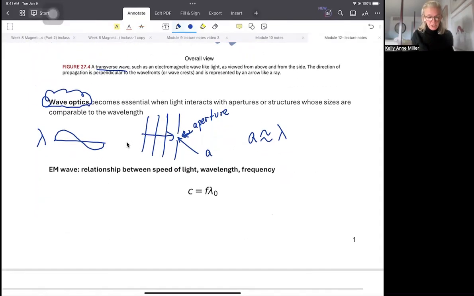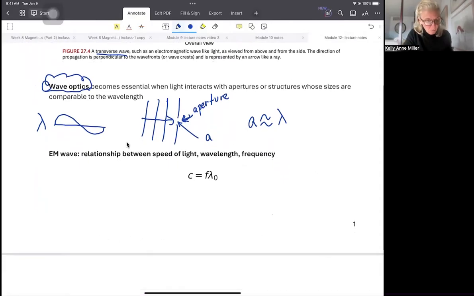When we're talking about light as a wave, it obeys this relationship which we saw a couple of weeks ago. Remember, we said that all electromagnetic waves travel at the speed of light, where c is the speed of light.